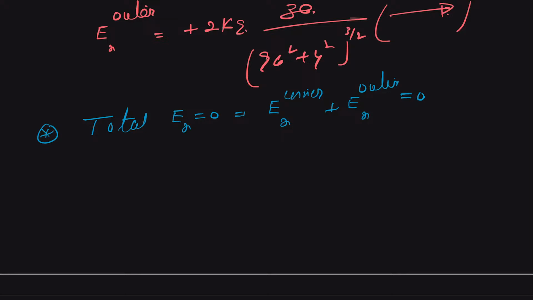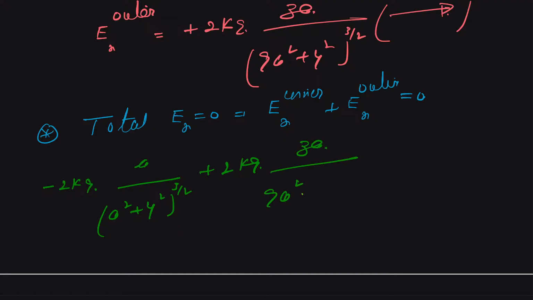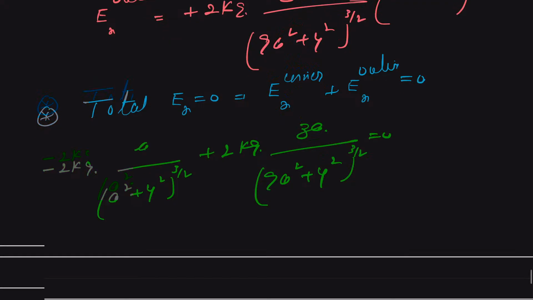And so we can simply substitute them. We get this as minus 2kq a upon (a² + y²)^(3/2) plus 2kq 3a divided by (9a² + y²)^(3/2) is equal to 0.